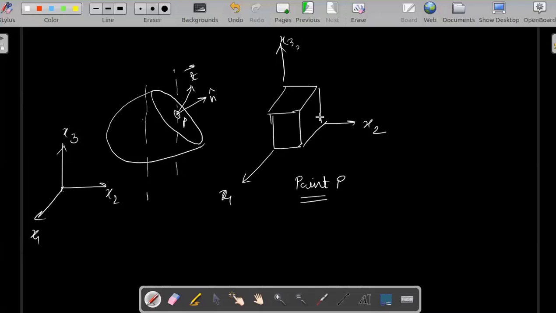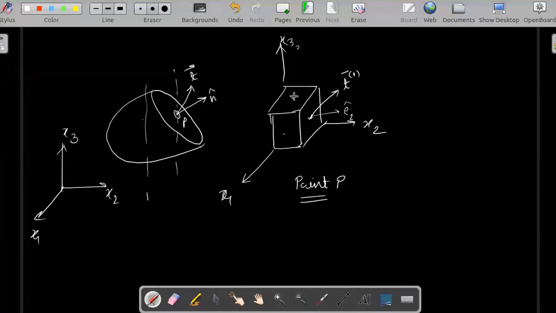Now, as we are having this x1 plane, x2 plane, and x3 plane, the normal to the x2 plane is along E2, and there would be a traction vector, let's say T1.